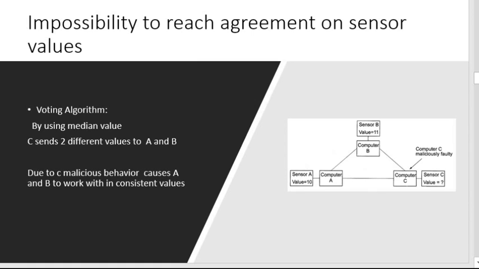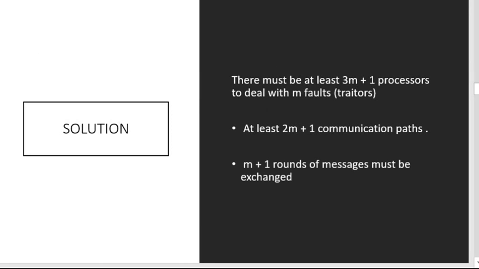So it cannot go very easily, because due to C's malicious behavior, A and B get confused and they cannot attack the enemy troops confidently. What is the solution?